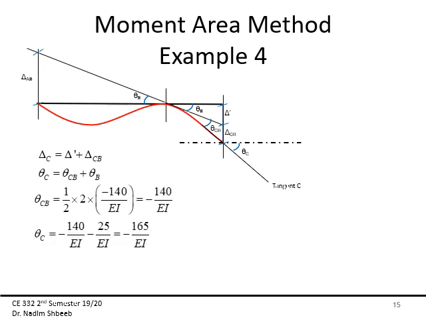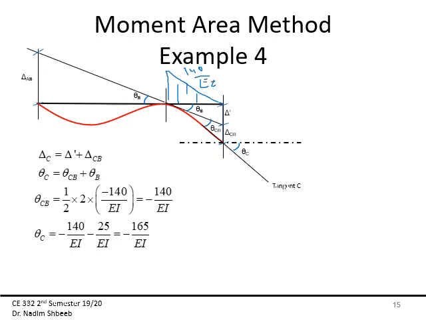Now moving on to theta CB. Theta CB again is the area between C and B, which is this area here. Let me draw that in a different color as well. I'm going to only be dealing with this triangle right here. Again, this value is 140 over EI.